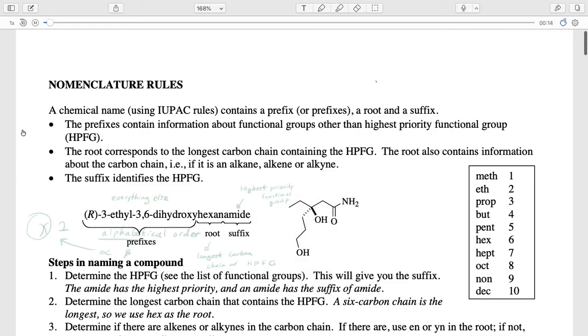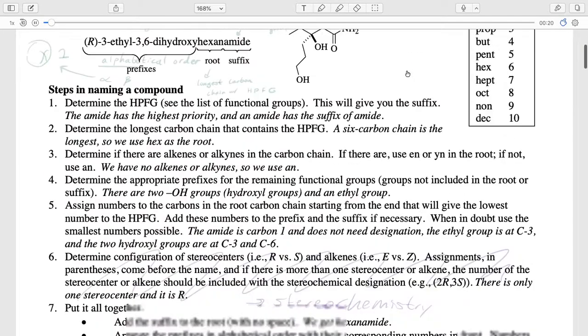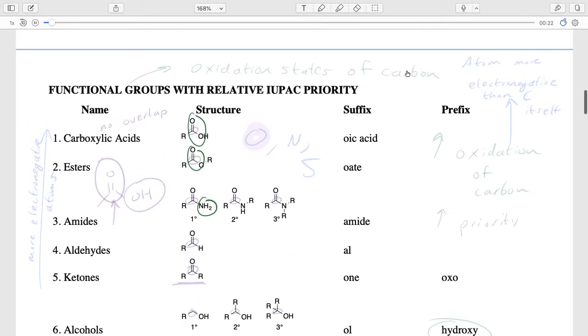So the functional groups we've seen all usually contain oxygen or nitrogen or sulfur. So basically, whenever we're looking at functional groups, we're looking at oxidation states of carbon.